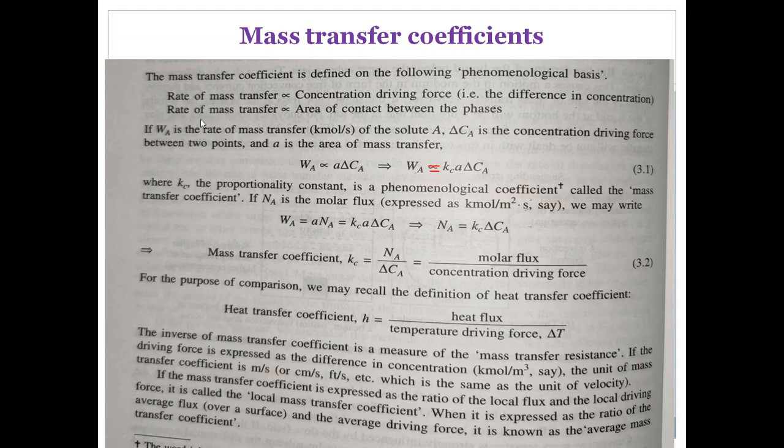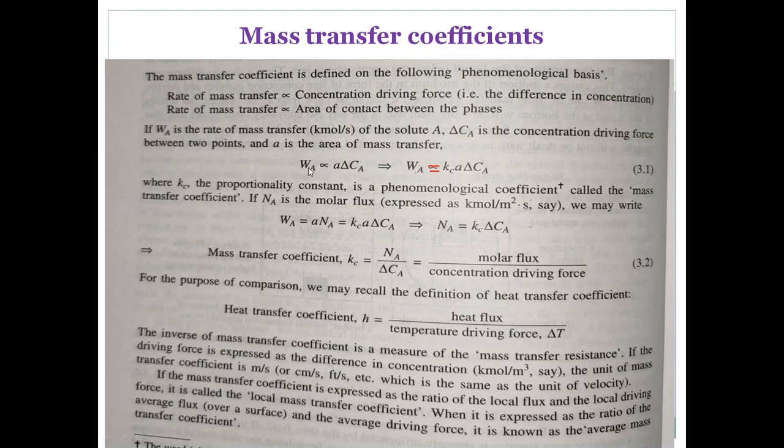So the rate of mass transfer is proportional to the concentration driving force, that is, the difference in concentration. Rate of mass transfer means kilomoles per second. And the rate of mass transfer is proportional to the area of contact between the phases. If the area is high, then the rate will be high. So I can write WA, the rate of mass transfer in kilomole per second of solute, where delta C is the concentration driving force between two points and A is the area of mass transfer.